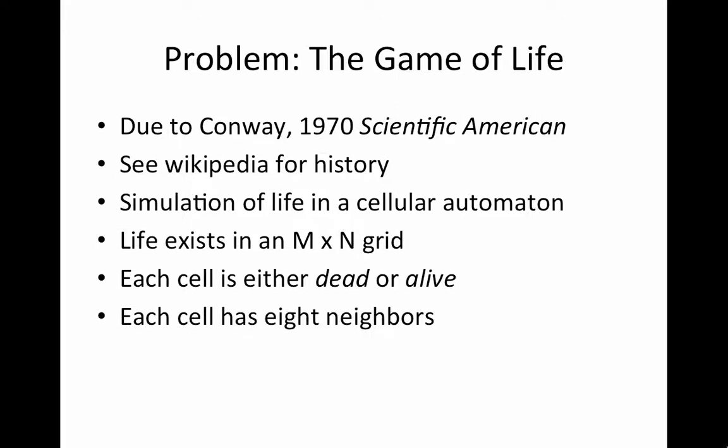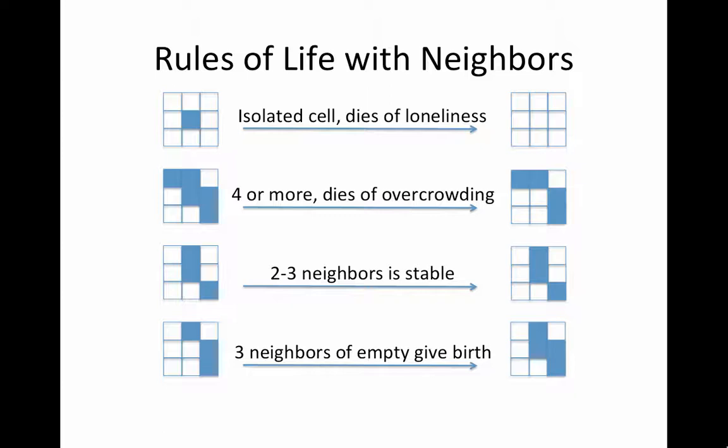Now, as you can imagine, each cell will have 8 neighbors, and based on the properties of these neighbors, whether they are dead or alive, the cell's condition can change. Here are the rules of life on how a cell can change its condition.